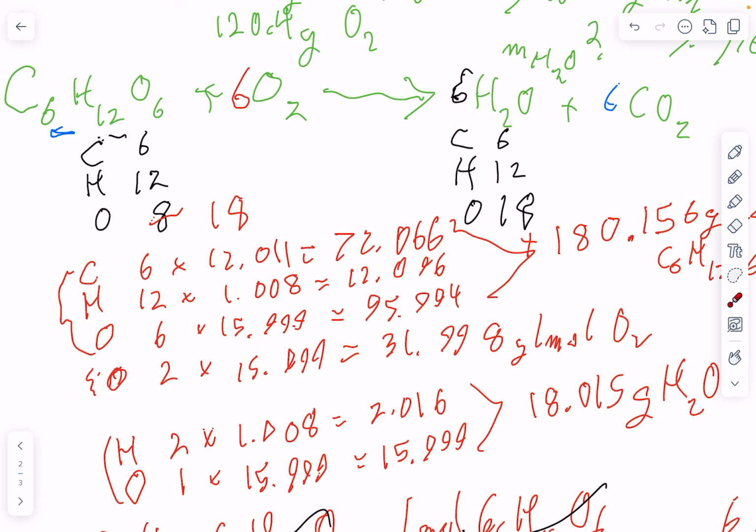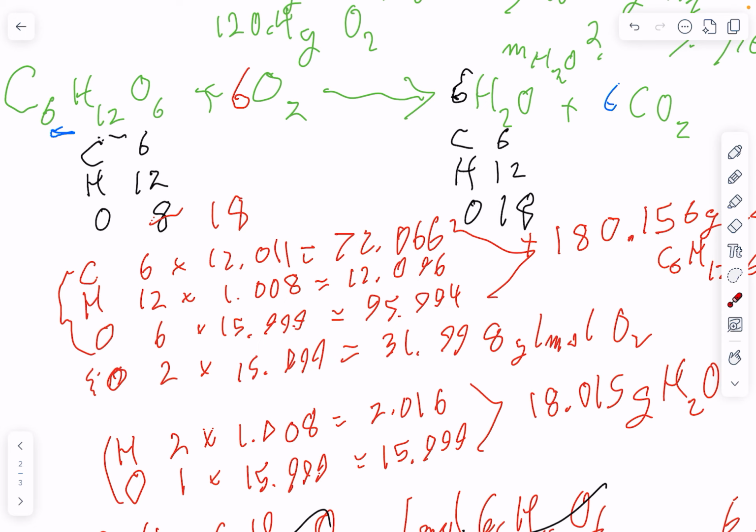Okay, so when you're done, you should end up with something like this. But remember, anytime you react a hydrocarbon or sugar with oxygen, you're always going to get CO2 and water.